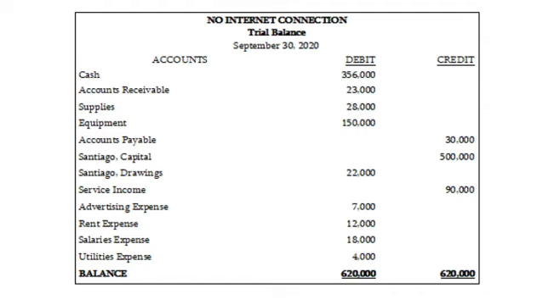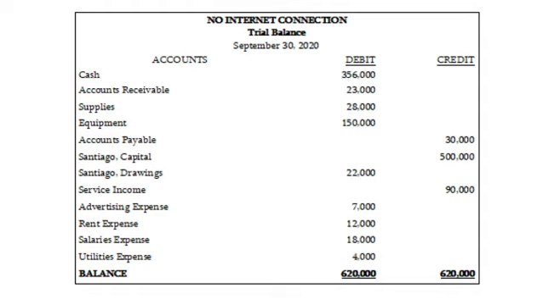So, kung ito-total ninyo yung ating debit and credit side, we have total debit balance of 620,000 and a total credit balance of the same amount, 620,000. So, again, kung ano yung ginawa ninyo sa inyong posting, kukopyahin nyo lang yun pagdating sa trial balance.